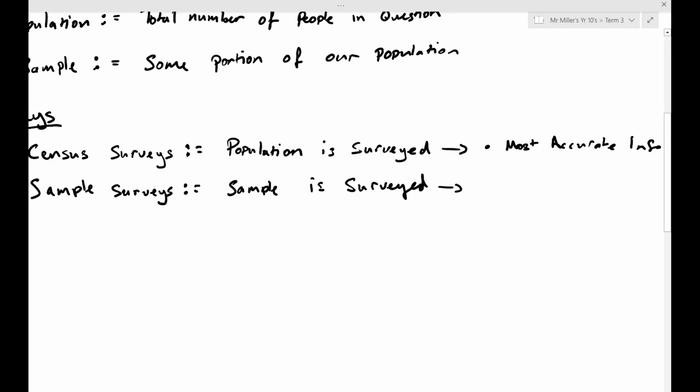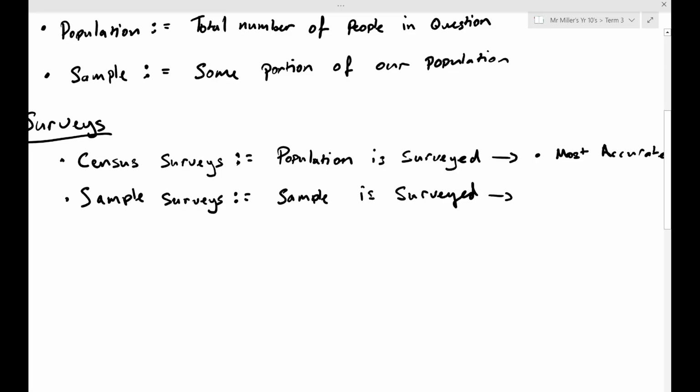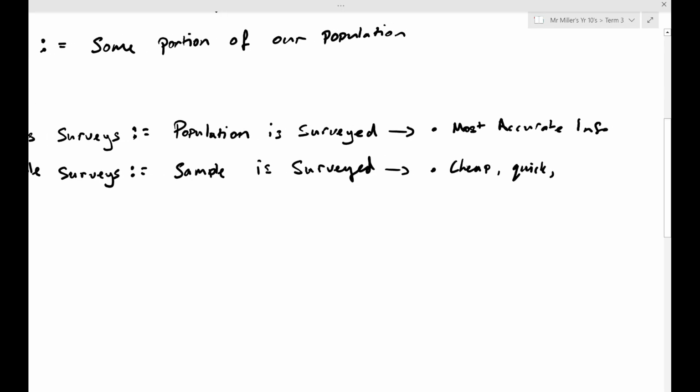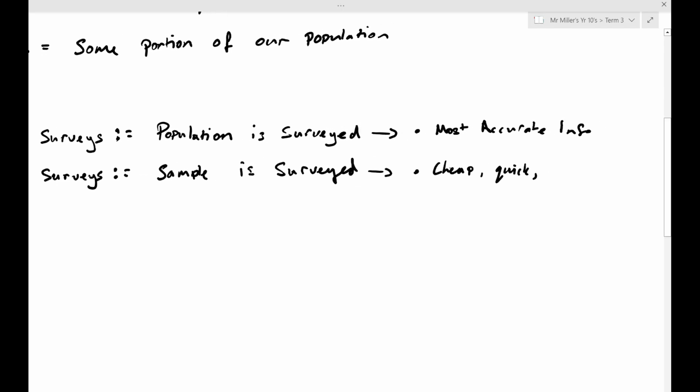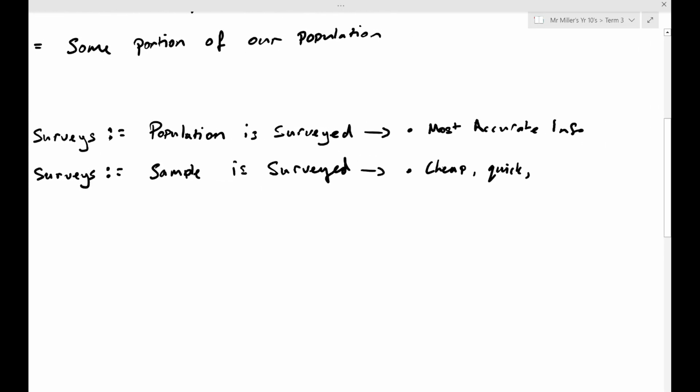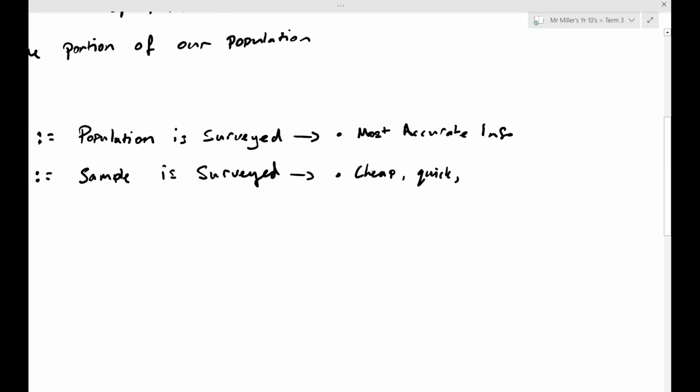Sample surveys, though, are going to be cheap, quick, and, well, you can see that they're going to be slightly less accurate.